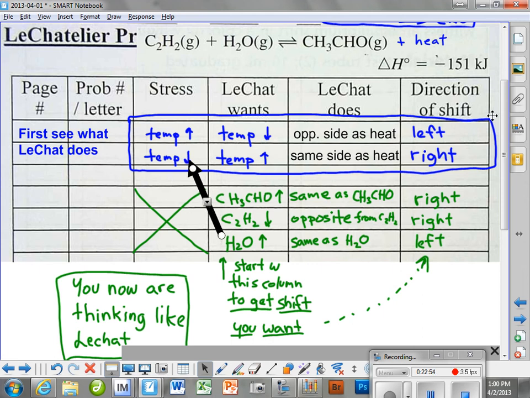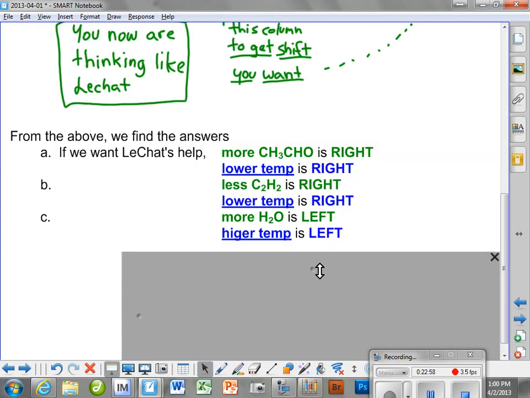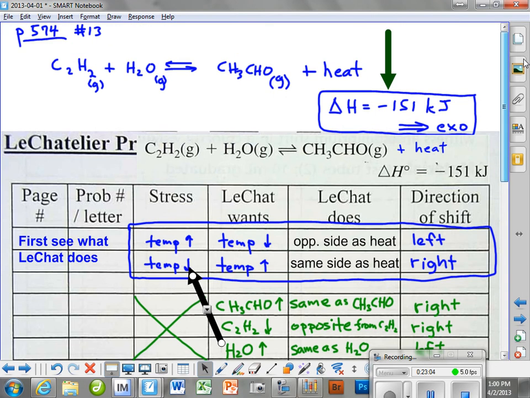I have a little summary down below that you might want to look at. If you find this confusing, just forget it, but that's a summary of what we just did. So I hope you get a little better input here as to how to work these Le Chatelier problems and why I did this in two pieces.